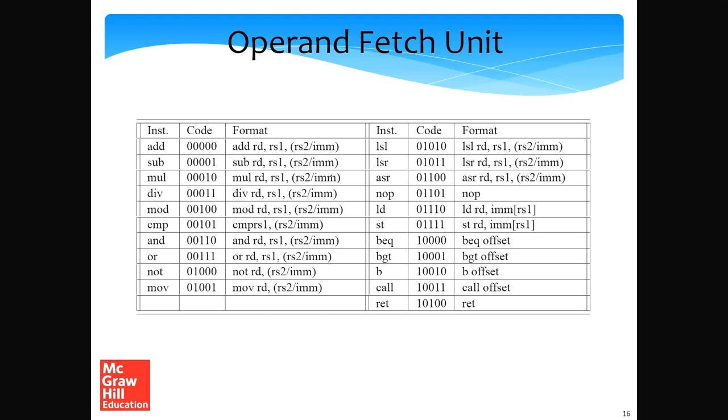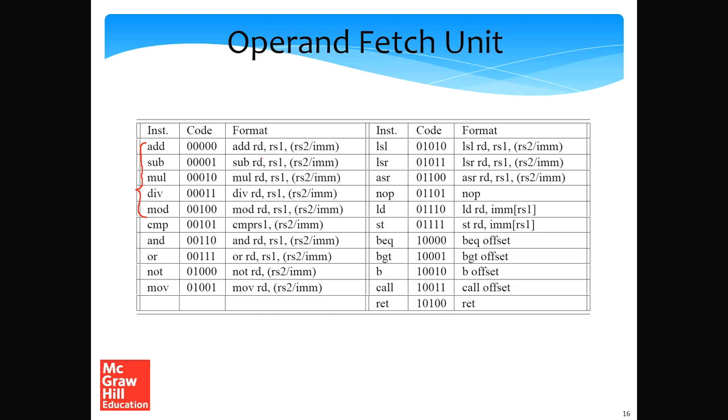So let's take a look at the operand fetch unit now. We have finished the instruction fetch unit. The second stage is the operand fetch unit. Let's take a quick look at simple RISC instructions. These are all our arithmetic instructions: add, subtract, multiply, divide, and get the modulo, the remainder. All of them have the same format.